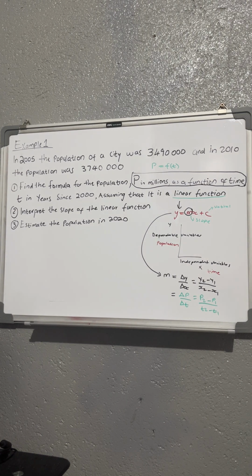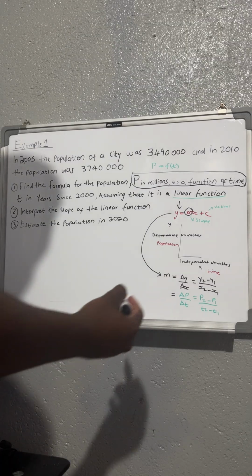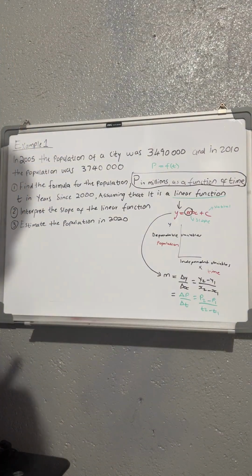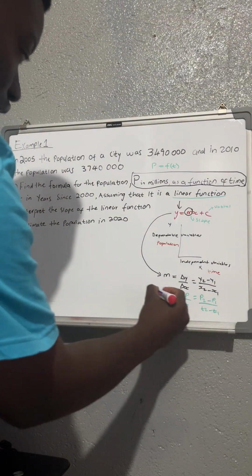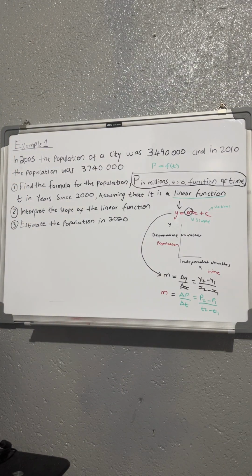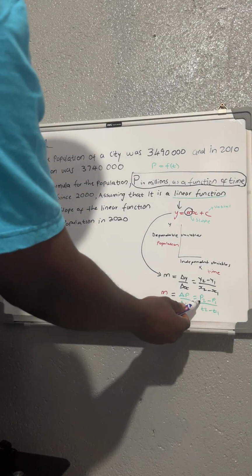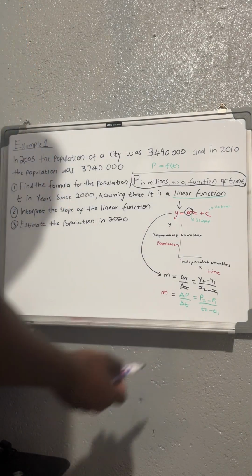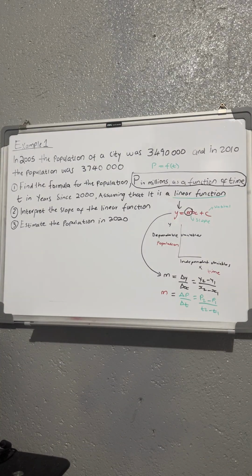So now since we were able to work this part, we have to come and find that m. So we go again and read so that we can determine our P2, P1, T2, T1 in order to calculate the gradient.